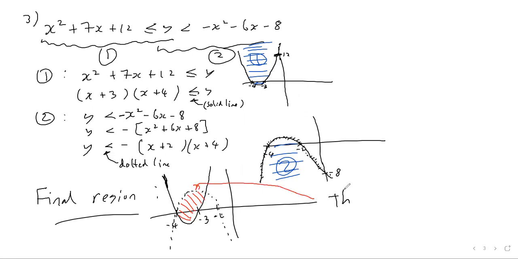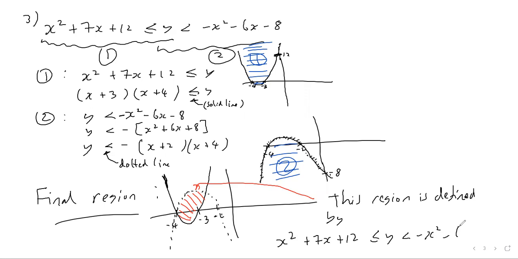This region is defined by x squared plus 7x plus 12 is less than or equal to y, which is less than -x squared, -6x, -8. So that would be the sketch of this region.